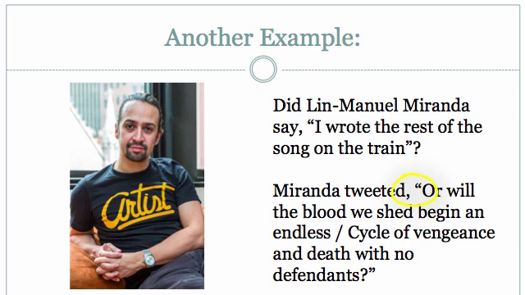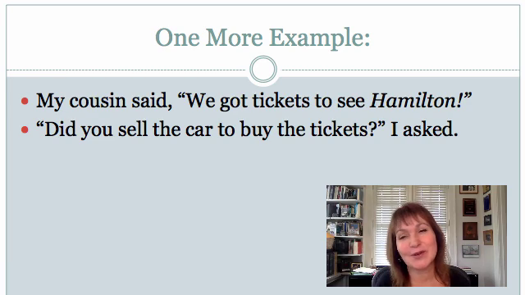Miranda tweeted, "Or will the blood we shed begin an endless cycle of vengeance and death with no defendants?" You'll see here that he's actually asking a question inside the quotation marks, so that question mark lives right inside the quotation marks to indicate that that material is a question. Here's another example.